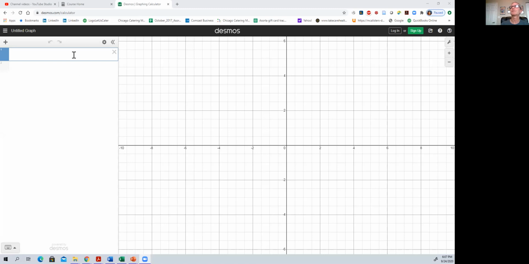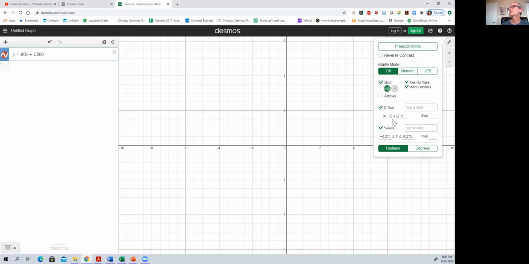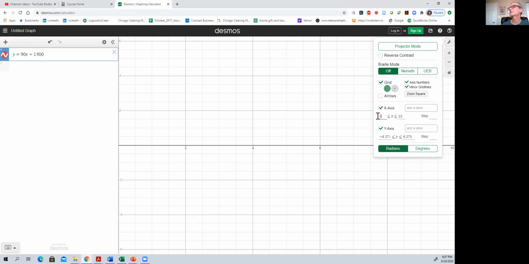So let's first start with the cost, which is y equals 90x plus 1800. And again, our scales are screwed up, so I'd like to show you how to fix that. Maybe we could start the x at 0. We don't really want negative bikes, right?